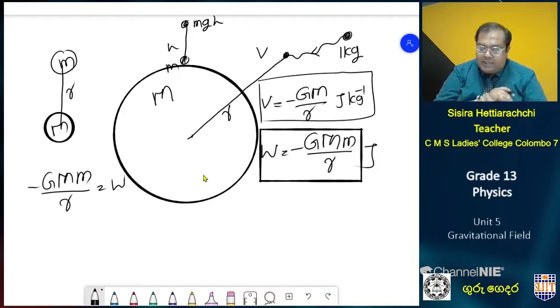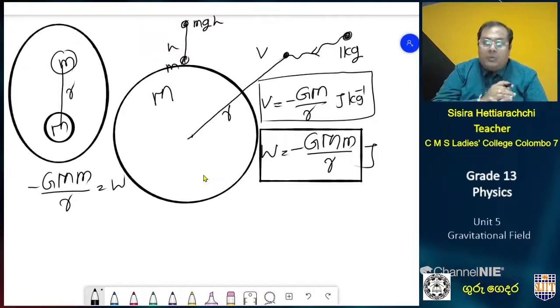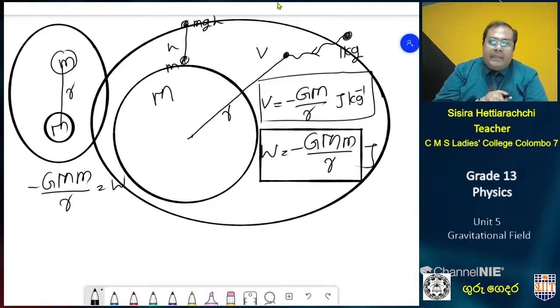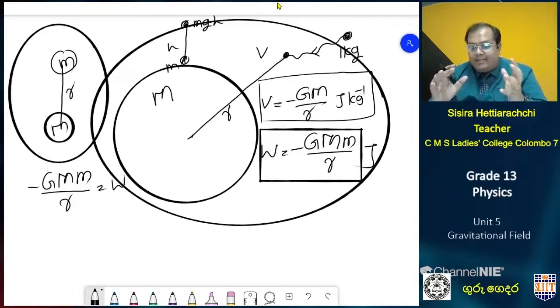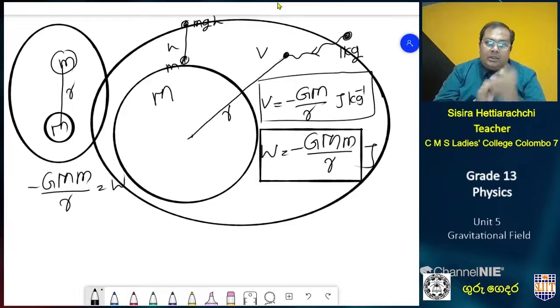Here also GMm over R means the energy of both masses, the big planet and the object, not only one object. It's a very nice thing. Total energy is GMm over R.